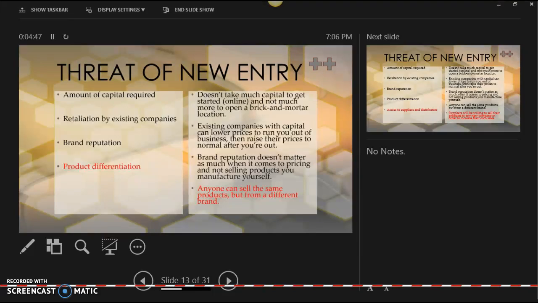But if you're trying to sell crayons for the people who like to color with crayons, the difference between Crayola and something like Prismacolor, the brands are the same, but they're just a little bit different.